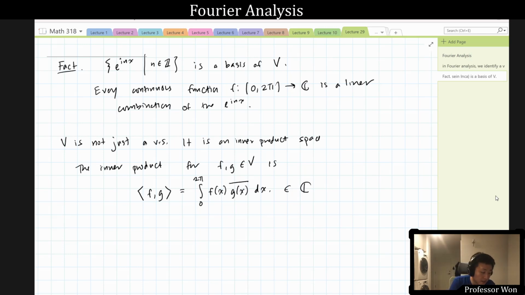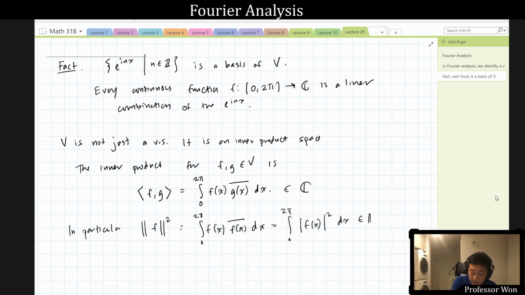So in particular, I can now define the norm, well, the squared norm of a function to be this value, which is the same thing as integrating the modulus of f of x squared dx. And so this is actually a real number, right? It's even a real number that's greater than or equal to 0, I should say.